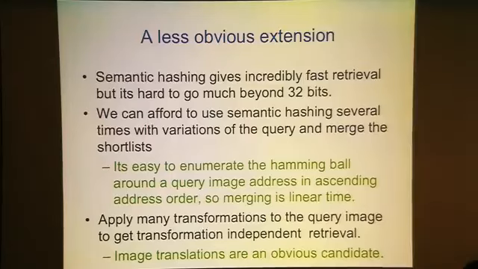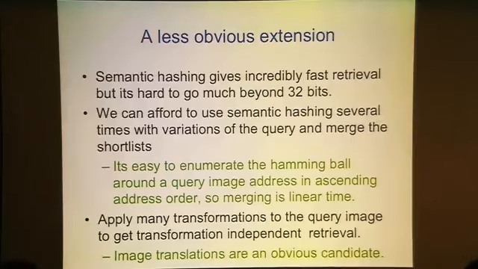There's a less obvious extension that also works nicely, which is if you've got an incredibly fast retrieval technique, you can afford to do retrieval many times. And so Alex tried, instead of using the whole image for retrieval, in your database, take patches of images, so you get a much bigger database, but that doesn't matter. And then when you're given a test image, take patches from that, and then try retrieving patches.